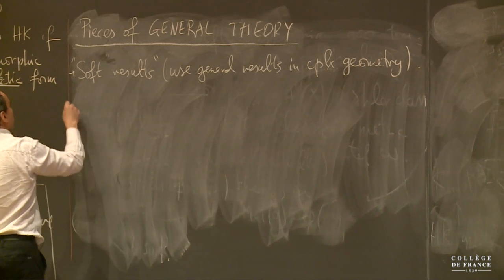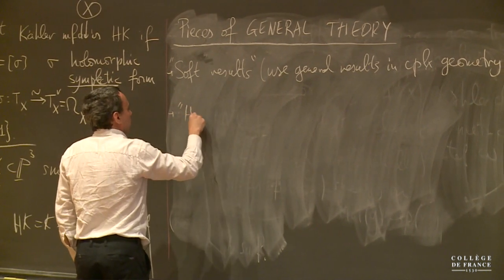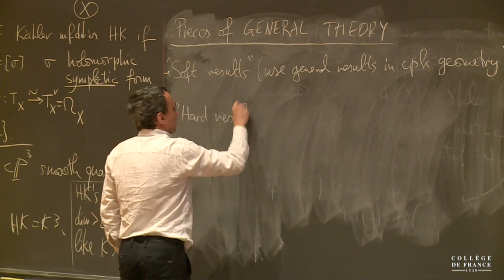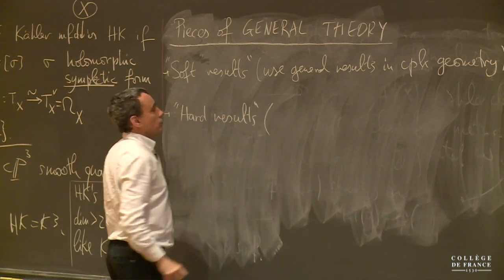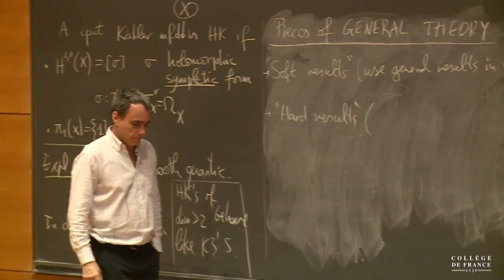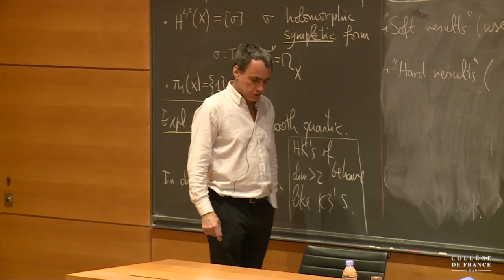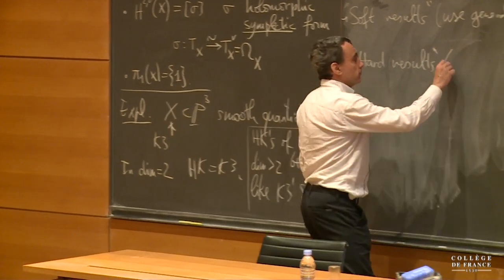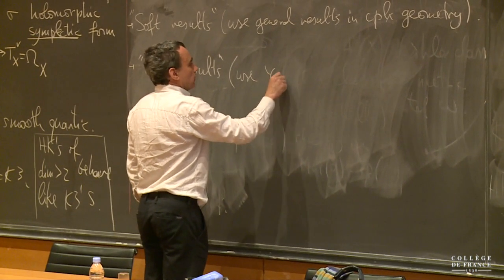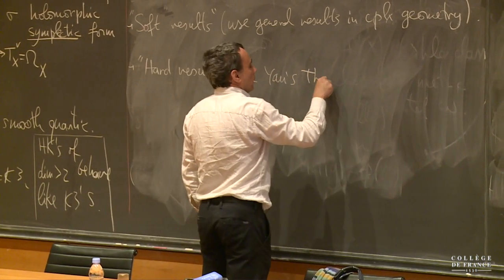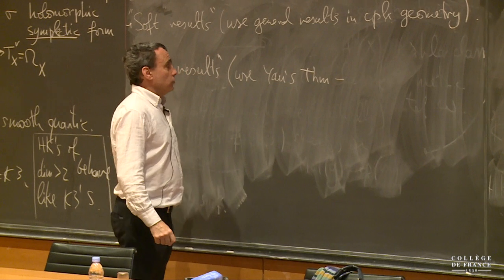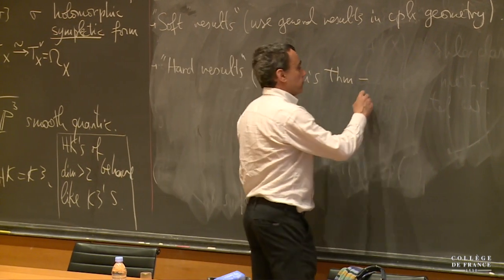And then here you use, in an essential way, the existence of a Ricci-flat metric. So you use Yau's theorem. In particular, you use the existence of twistor families.